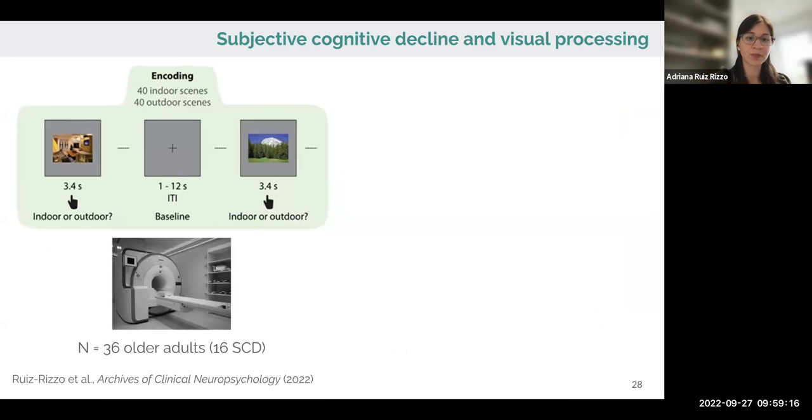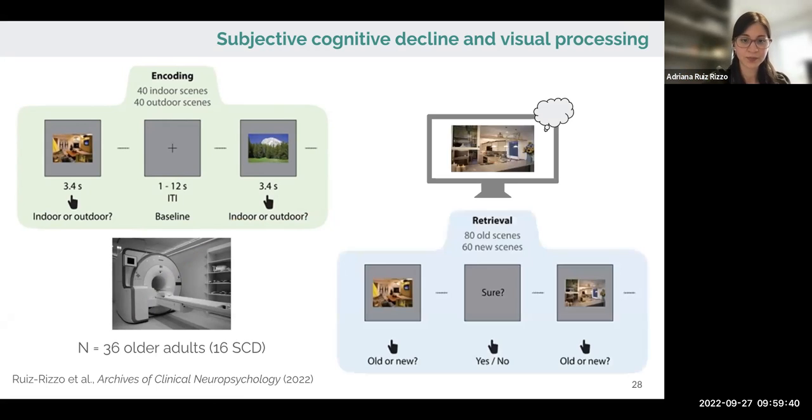and concerns. They were assessed in the MRI scanner, in which they were shown pictures of scenes of the real world, indoor and outdoor, and they had to indicate whether those scenes were indoor or outdoor with a button press. This was the idea to encode the information for later recognition.